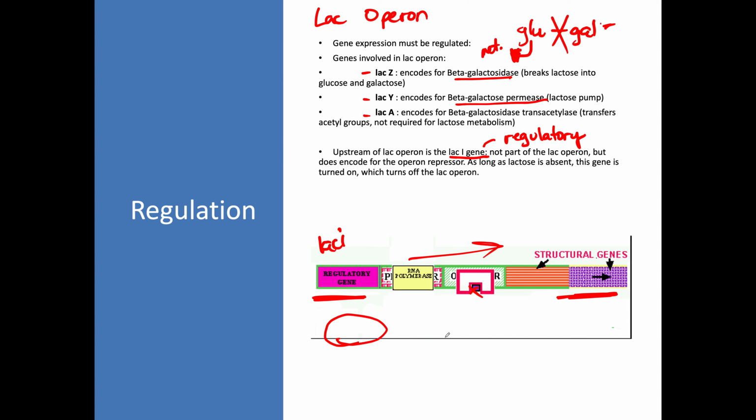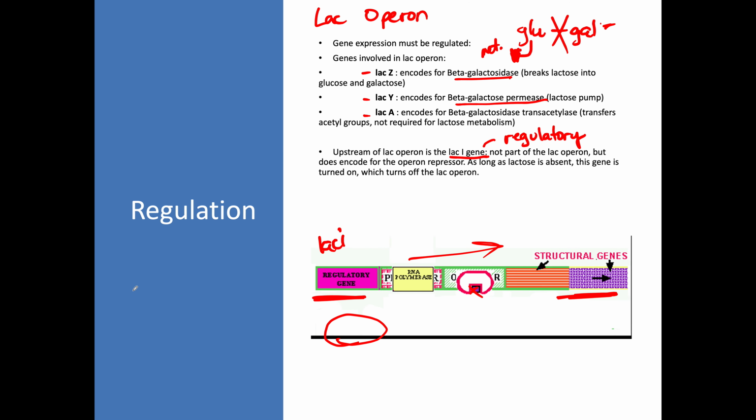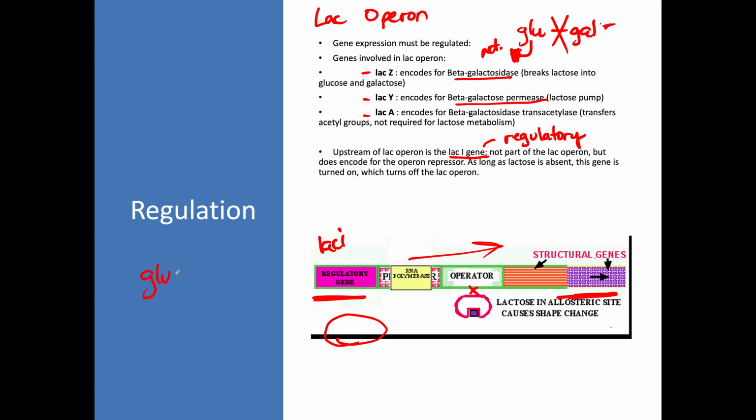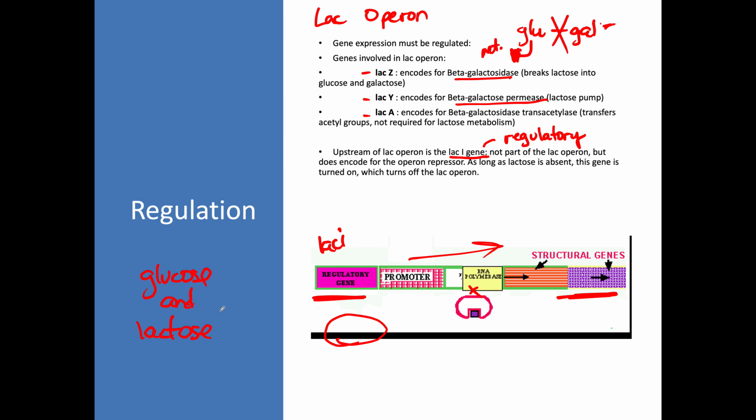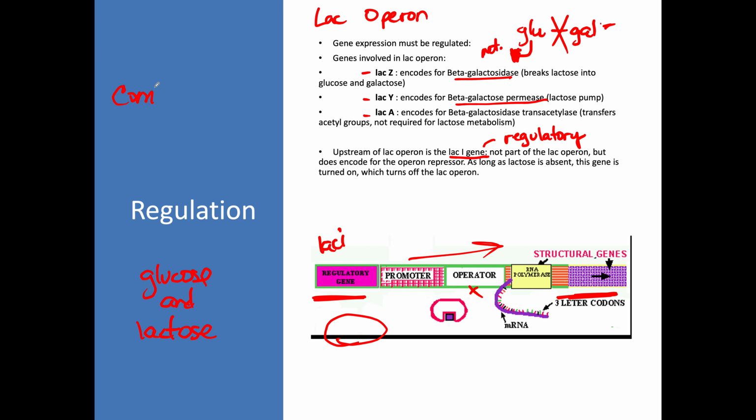Now, regulation of the lac operon is actually dependent on glucose as well as lactose. It is a 2-step process, and it's called combinatorial control. So it's a combination of 2 things.